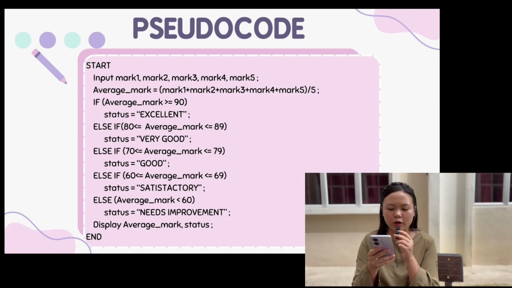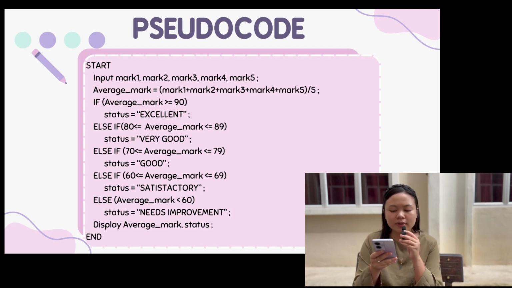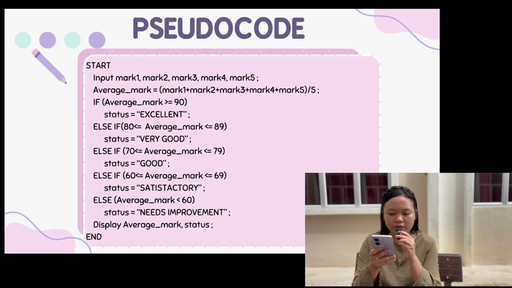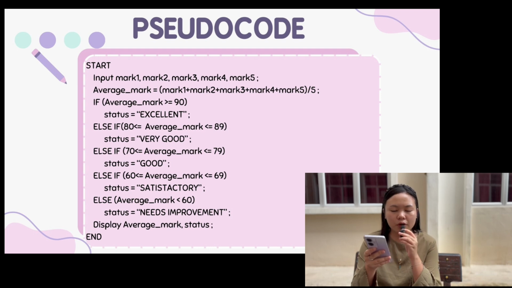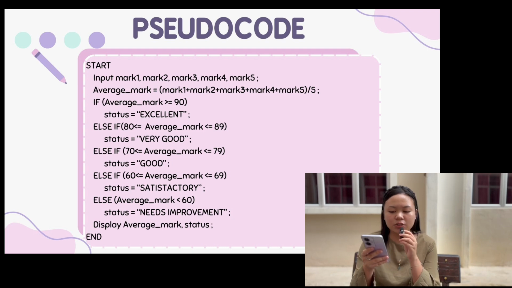Next, for the pseudocode, it will start and then input Mark 1, Mark 2, Mark 3, Mark 4, and Mark 5. Average mark equals Mark 1 plus Mark 2 plus Mark 3 plus Mark 4 plus Mark 5 over 5. If average mark is more than or equal to 90, status excellent. Else if 80 is less than or equal to average mark less than or equal to 89, status is very good.